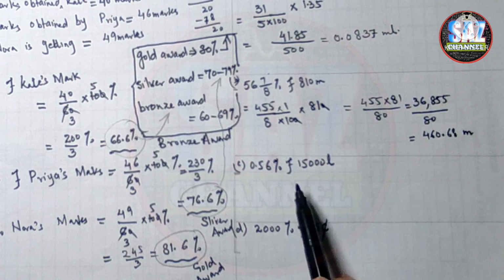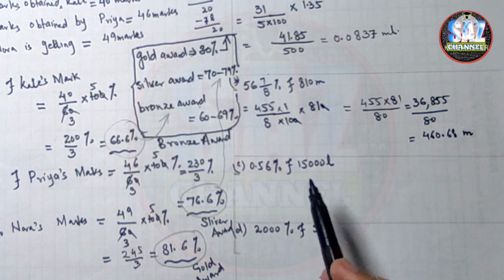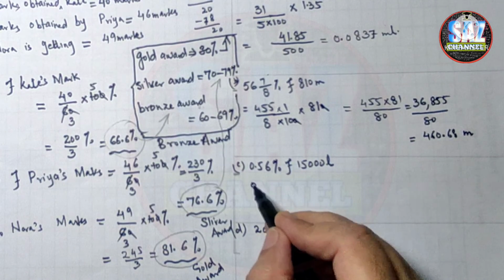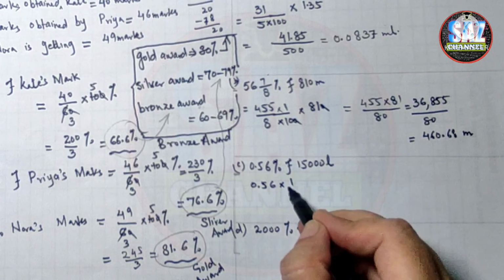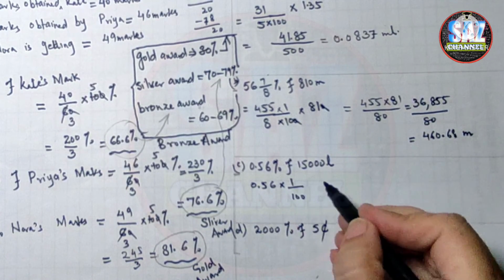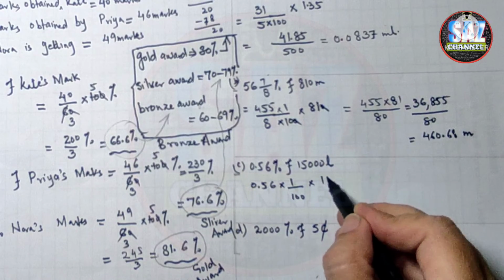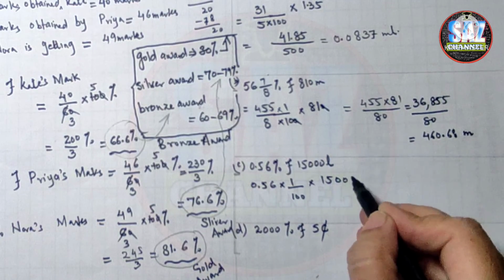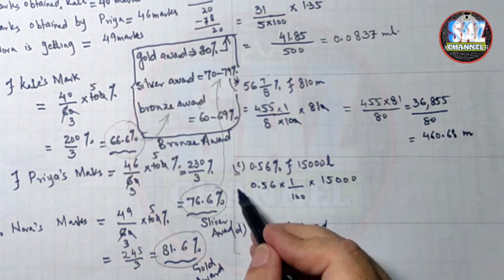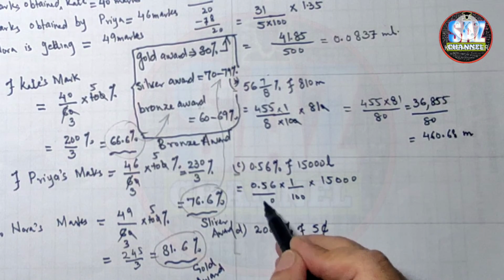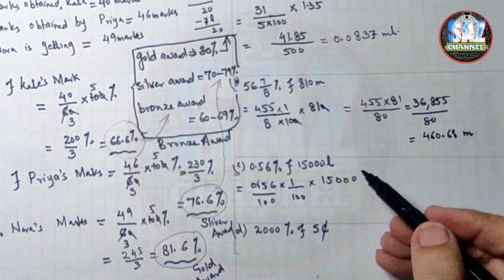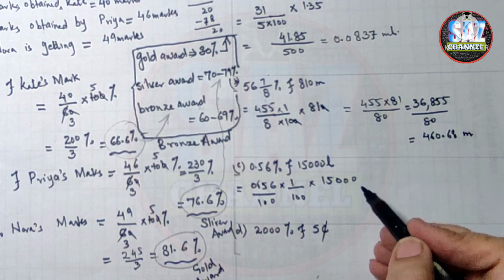0.56% of 15,000 liters. Okay, so 0.56 multiplied by 1 over 100 and multiplied by 15,000. Now, in order to simplify, we can remove the decimal here. And now look, how many zeros are there?